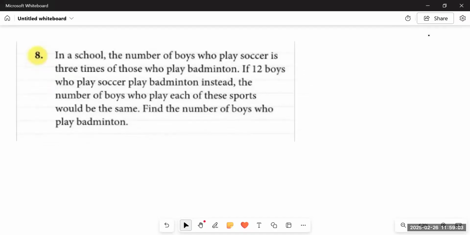Now the next question says, in a school, the number of boys who play soccer is 3 times the number of those who play badminton.